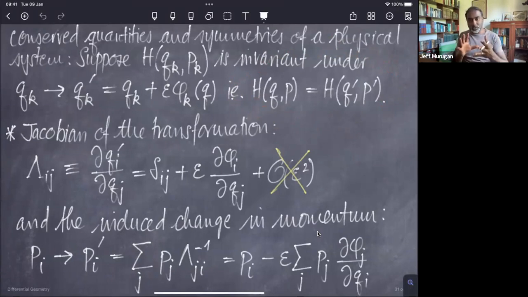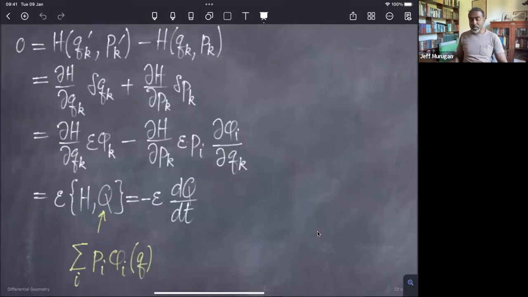We've made a change to the system and it's left the system invariant. So it's a symmetry of this Hamiltonian system, okay? And the symmetry of this Hamiltonian system has left the Hamiltonian invariant, but it's also given rise to a quantity that is conserved. dQ by dt is equal to 0. What is that quantity?